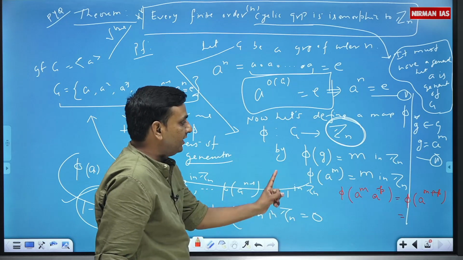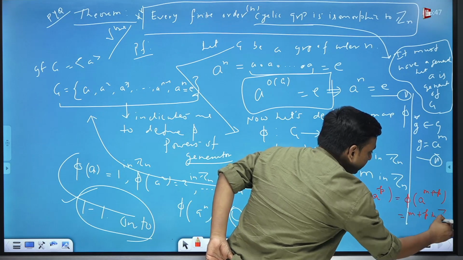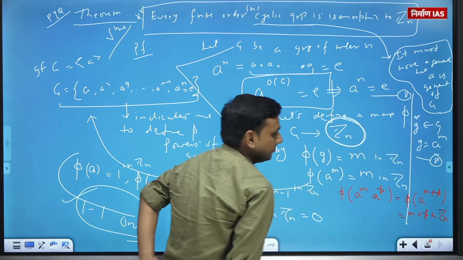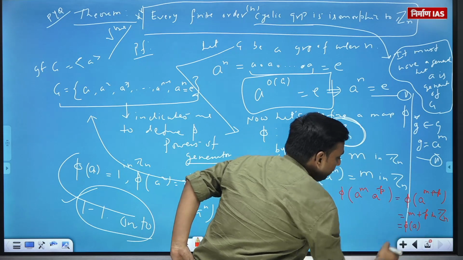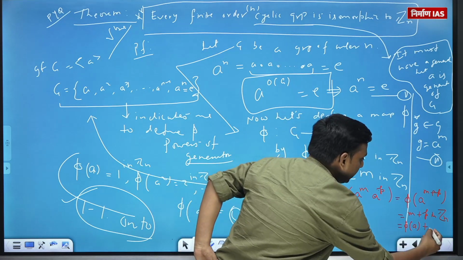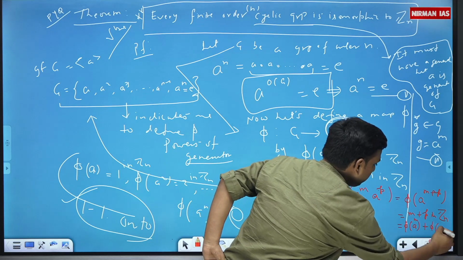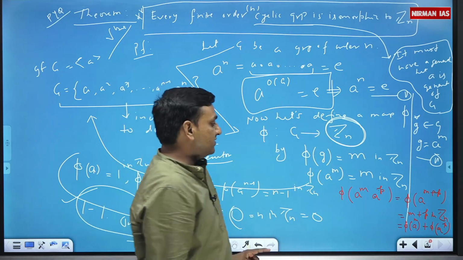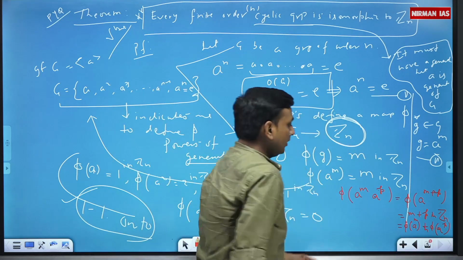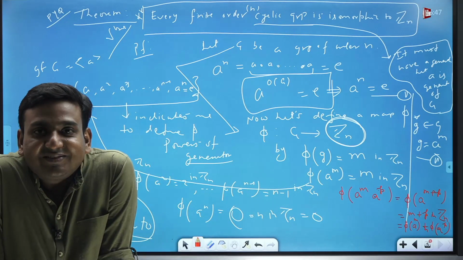How have I defined my mapping? m plus p in Zn. This m I can write as phi of a^m, this p I can write as phi of a^p, so phi of a^m composed with a^p means phi preserves the operation.